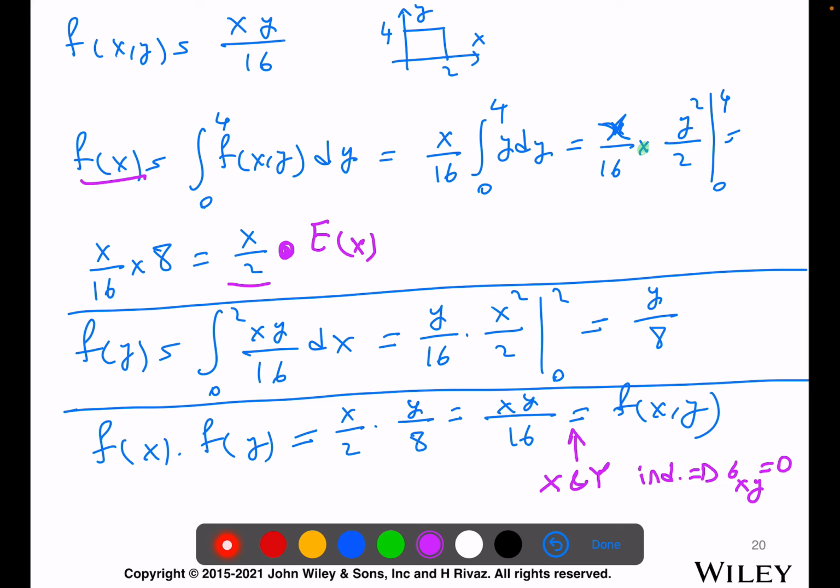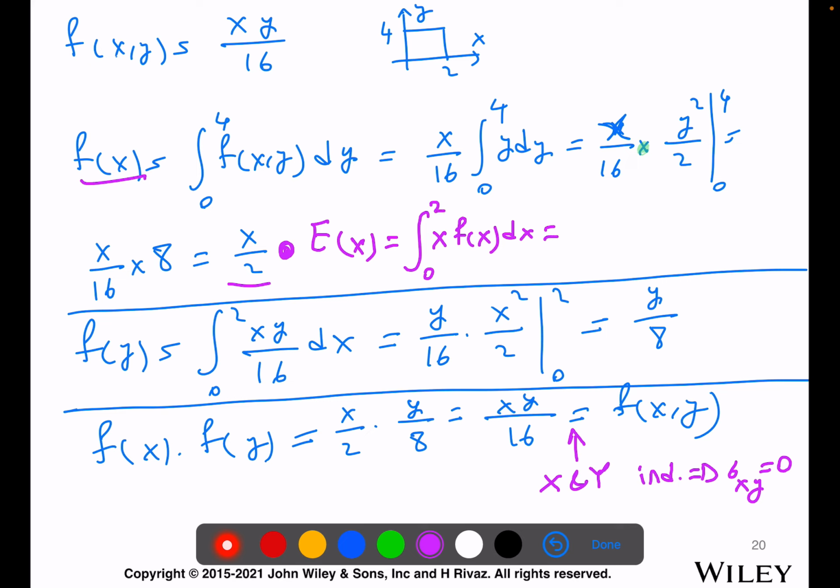So based on this, E of x is the integral, sorry, not sigma, integral of x f of x dx, right? So x times x divided by 2. And x varies from 0 to 2.